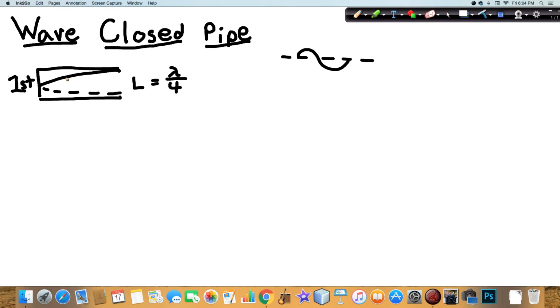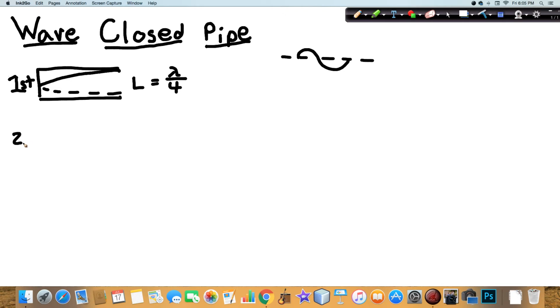This section right here is only reminiscent of a quarter of a wave, just from equilibrium to this part right here. So that's what it looks like whenever you have the fundamental frequency, or the first harmonic, of a closed pipe. And you see that the length of the pipe is equal to a quarter of the wavelength.